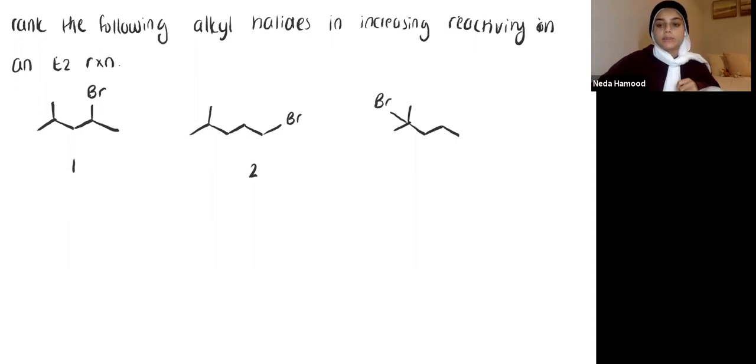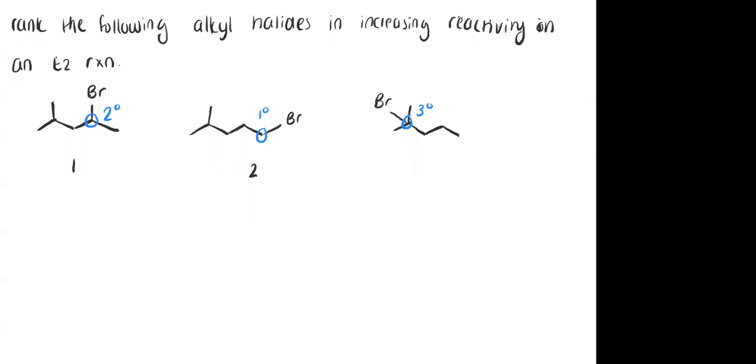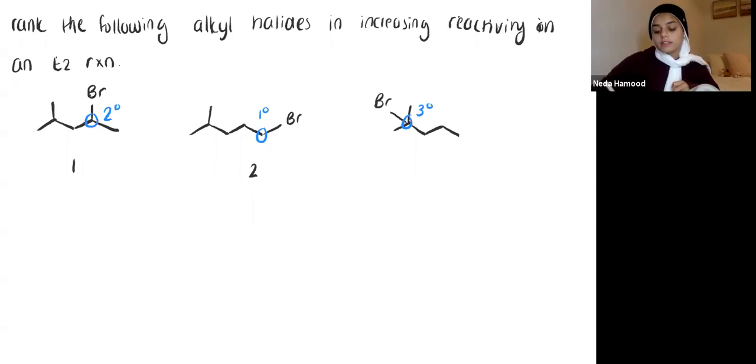So the lowest reactivity would go first. This one is a 2 degree, this one is a 1 degree, and this one is a 3 degree. I do see an answer in the chat. We have 1 vote for 213. Do you guys agree? Okay, awesome, because that is correct.